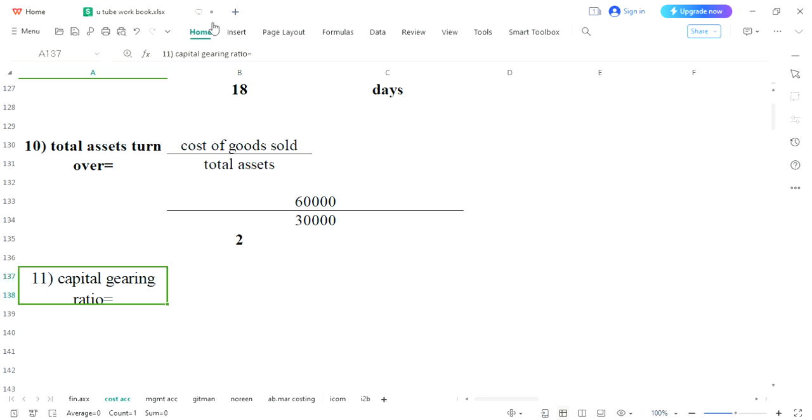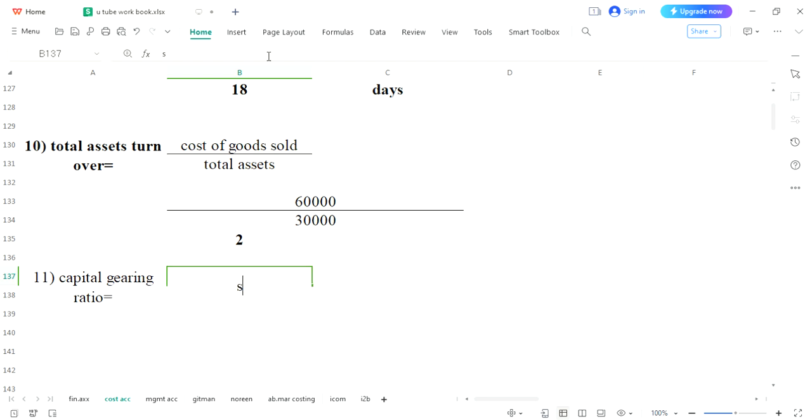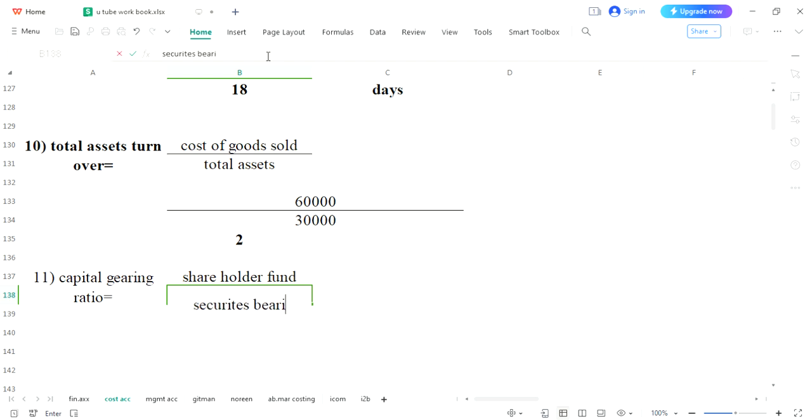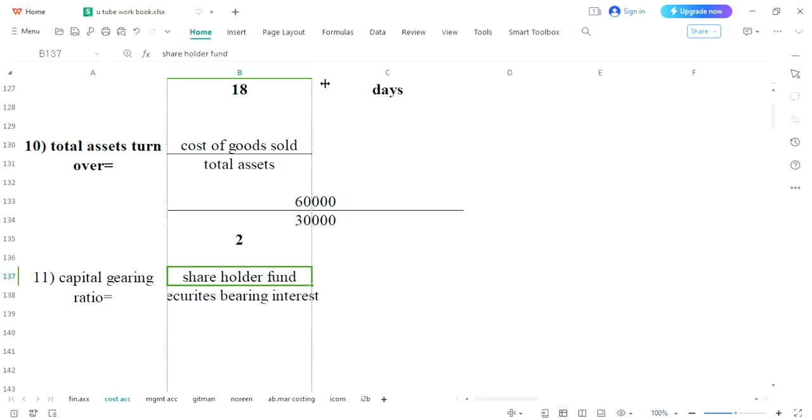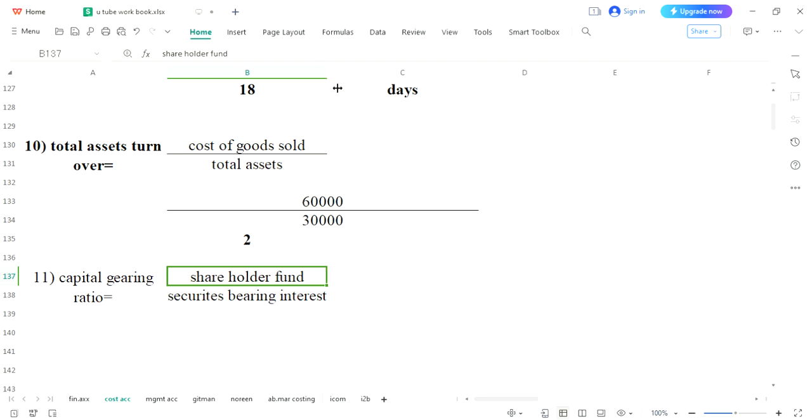Okay guys, so for the capital gearing ratio, you need shareholder fund divided by securities bearing interest. Here a little more space is needed. Securities bearing interest, shareholder fund.